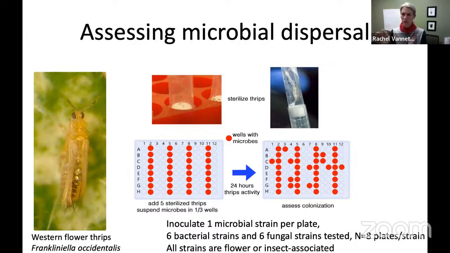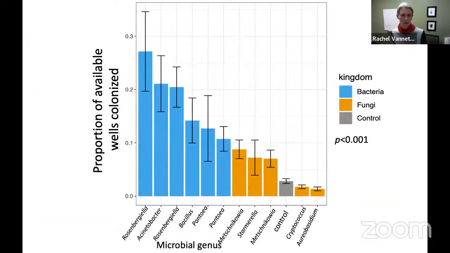And then we monitored which wells, previously empty wells in the 96-well plate, were now colonized, and tested this across 6 bacterial strains and 6 fungal strains. What we found was that, consistent with our predictions, bacteria are much more readily dispersed by thrips among these fake nectar habitats than fungi.